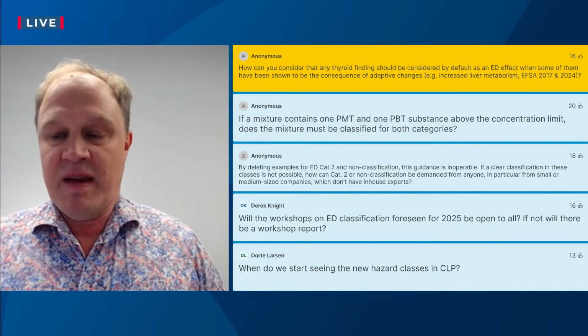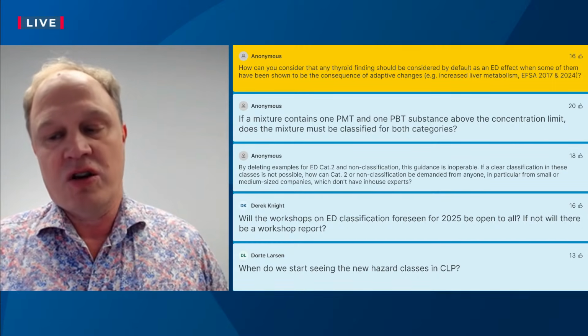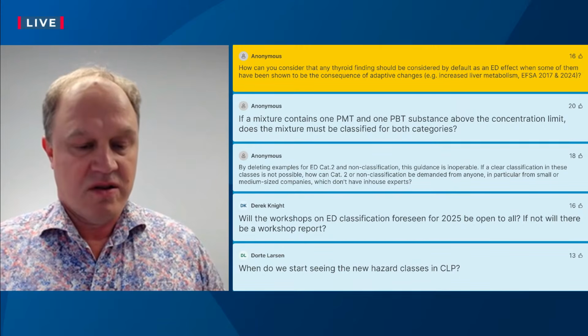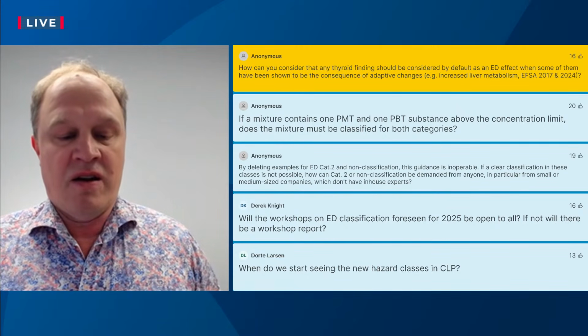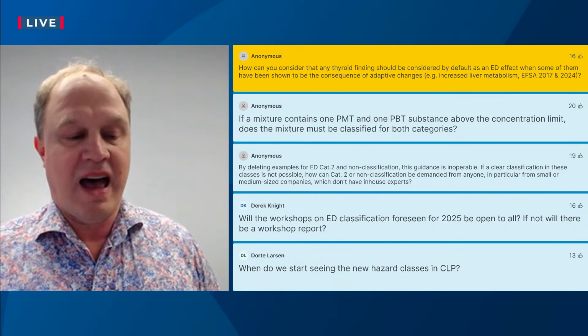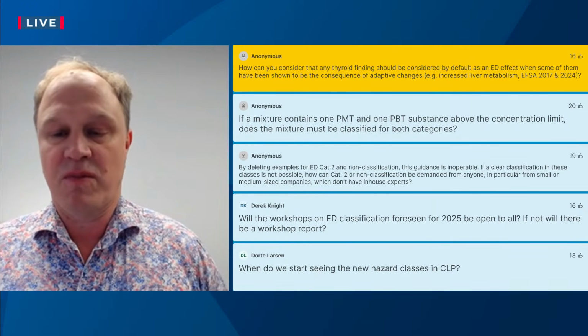So in principle, these guidance documents are not contradicting each other. You just have to consider the scope of the two documents and what their purpose is. Thank you.